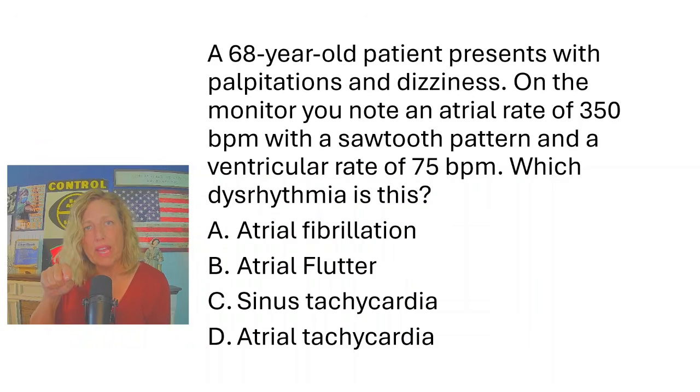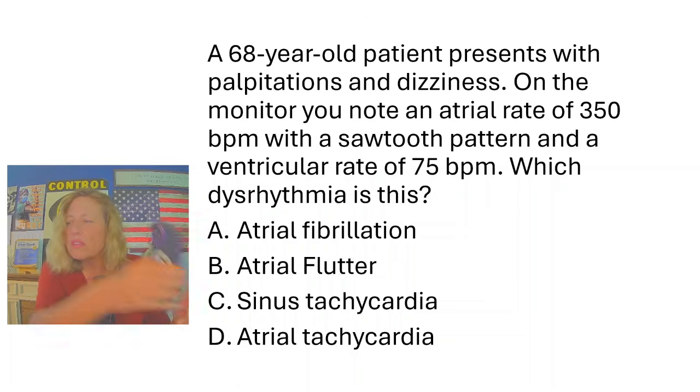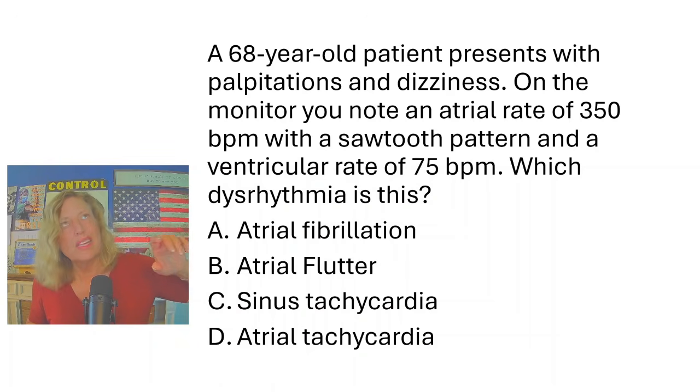If we were to divide, I know I'm terrible with math, okay? 350 divided by 75. That means there's 4.5 P waves for every QRS. Let's just say 4. There are 4 sawtooth P waves for every QRS.